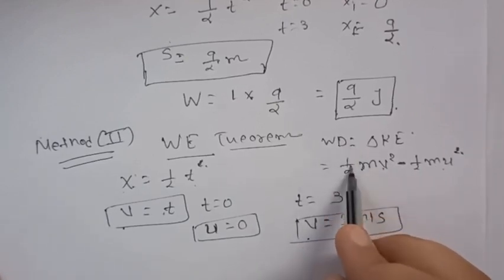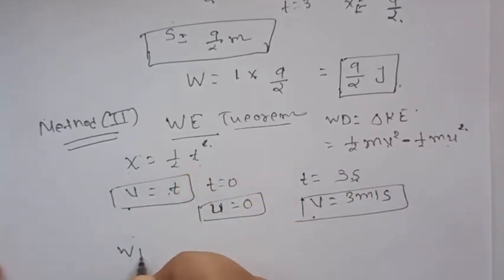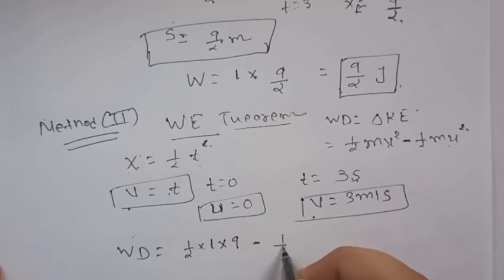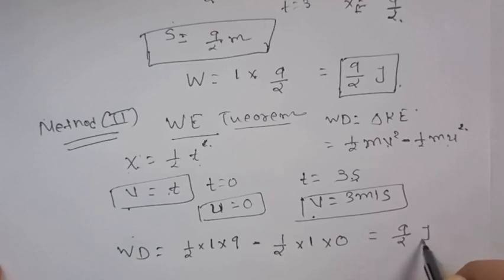So according to work energy theorem, the work done will be equal to half into mass 1 into v square, that is 9, minus half into mass 1 into initial velocity 0. So work done will be equal to 9 by 2 joule.